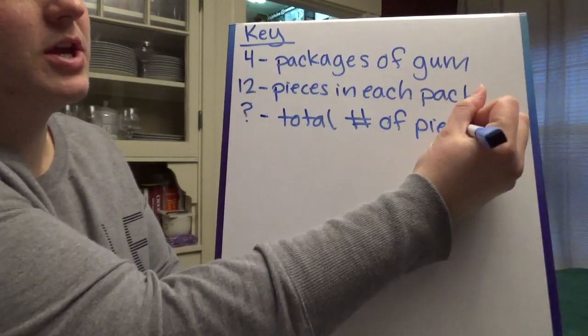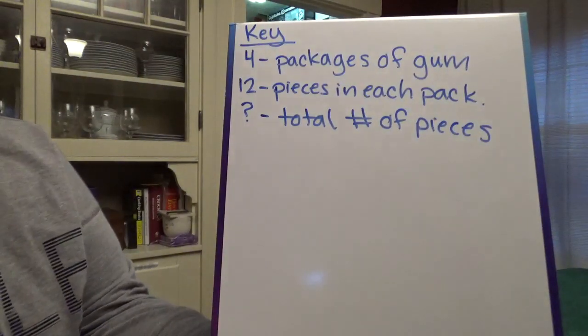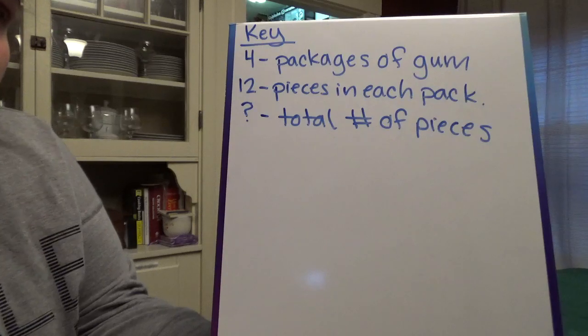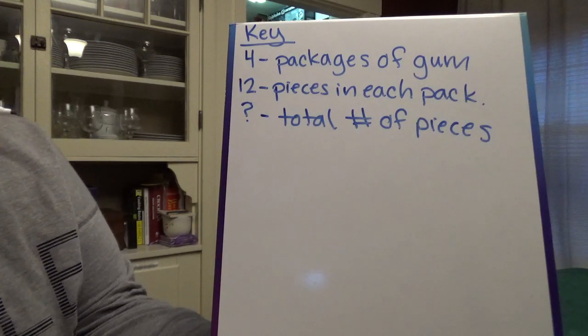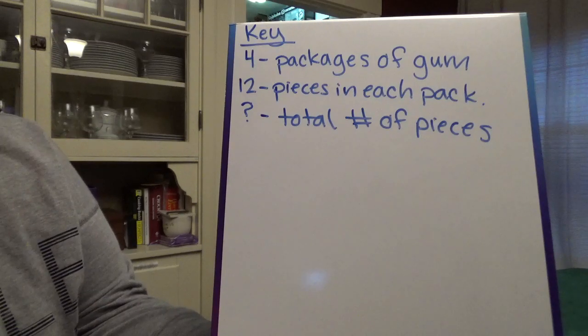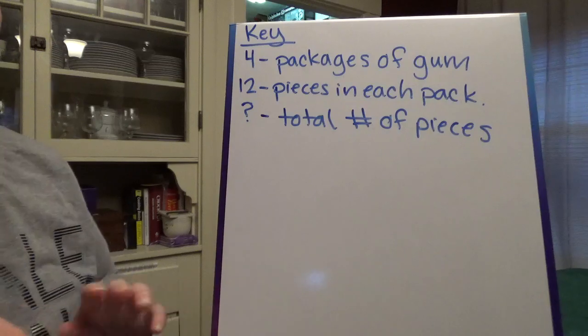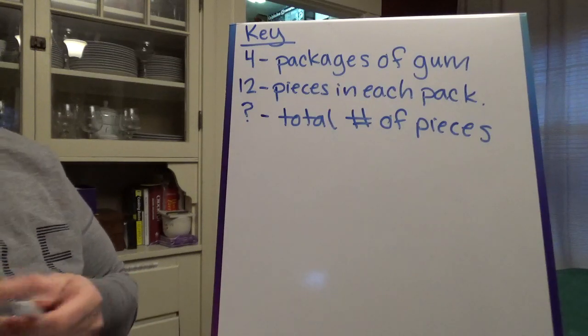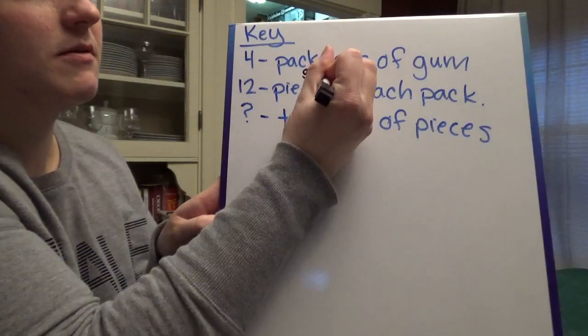So as you are finishing up your key, take a look at your key. Think in your head, is this an equal group problem? Or is this just a regular addition or subtraction problem? Hopefully you figured out that this is an equal group problem, because this right here represents our groups.